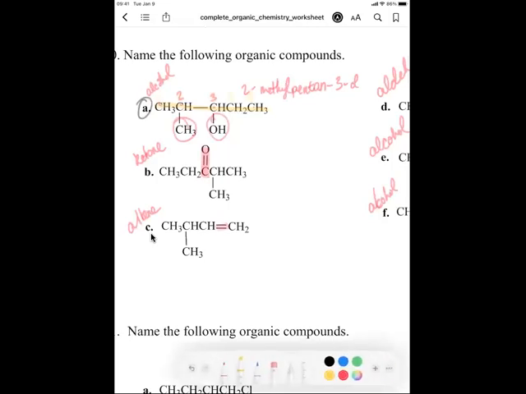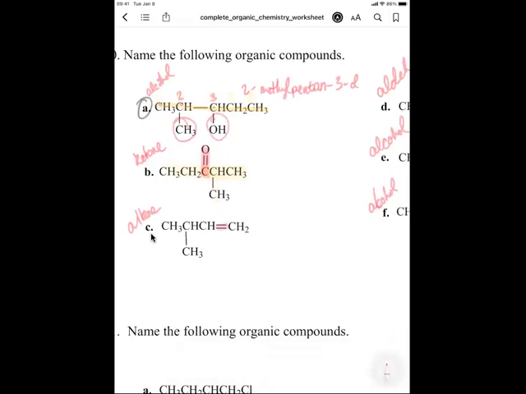For part B, again, we're going to go straight across. You can go and stop at this carbon and go down, but it's the same story as the last one. That wouldn't matter. Ketone, so the ending is going to be -one, and because it's a ketone, you have to tell me which carbon it's on.